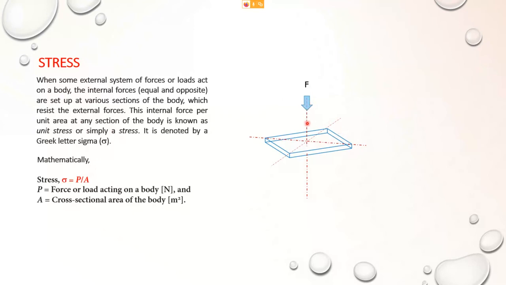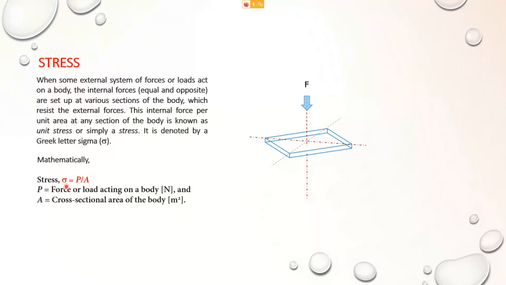When you look at the force and this plane, is it 90 degrees? Is it perpendicular? Yes. So whenever you consider the stress, the area that you consider must be 90 degrees to the force. So we take this force divided by this area, and it will give you what we call the direct stress, or the stress.